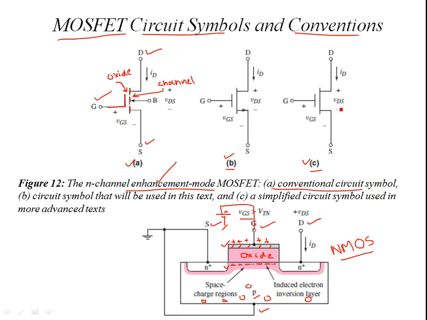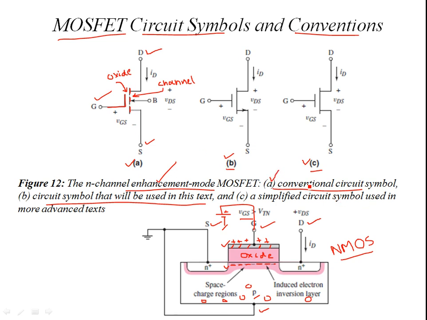So this is followed in all three conventions, but in B it's a little different. You have a solid line over here. It shows the circuit symbol that will be used in this text, for more clarity. So the author is more favoring the middle symbol for MOSFET. Not much of a difference, but this is how the convention is.